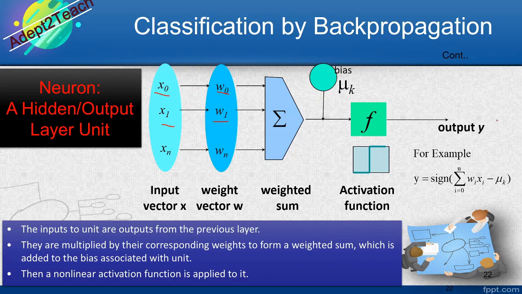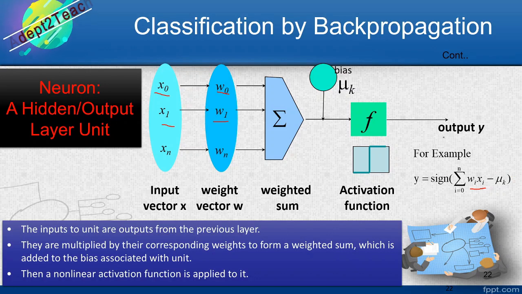So we will get some output here. Now this output is calculated using the weighted approach, that means the summation of wi into xi over all the inputs along with the weights, minus your bias. So this is how your output is calculated.